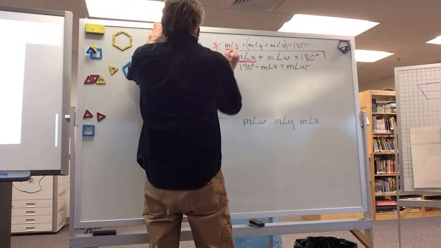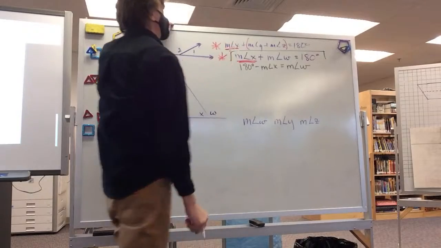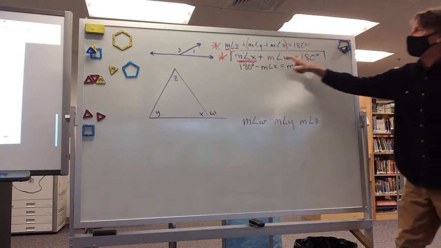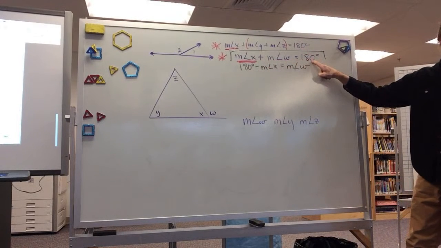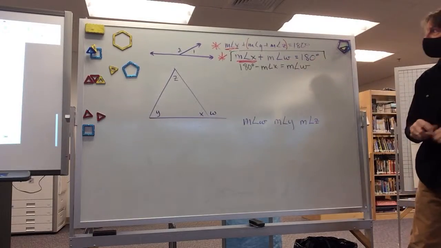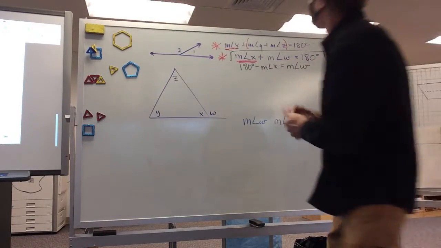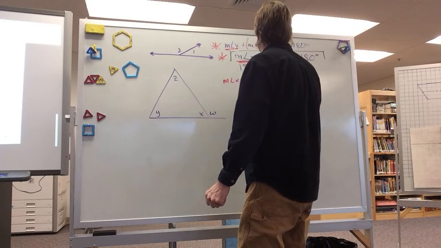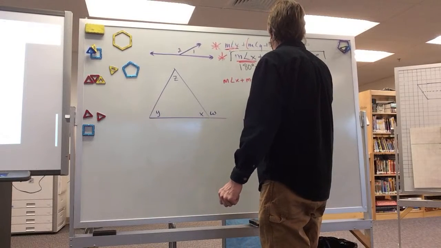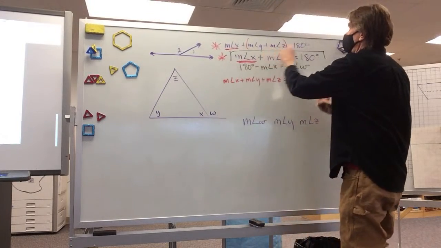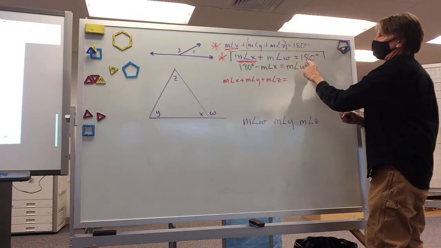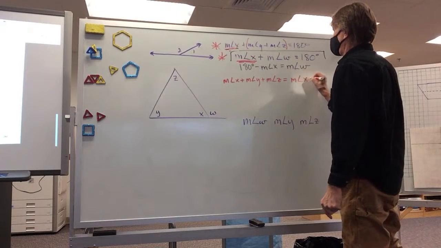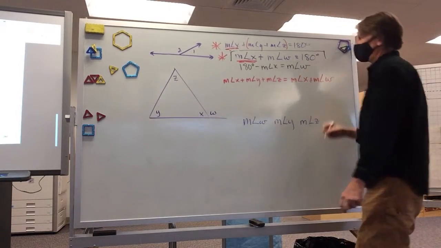So we take this fact and we take that fact, and you look, all of this is equal to 180. All of this is equal to 180. Therefore, this is equal to 180, this is equal to 180, so all of that is equal to all of that. Look at what's in red there.